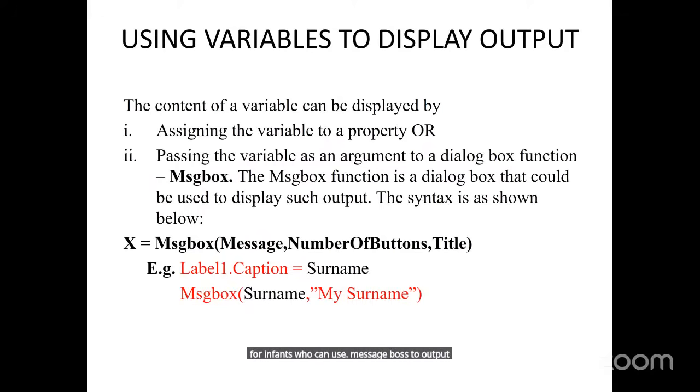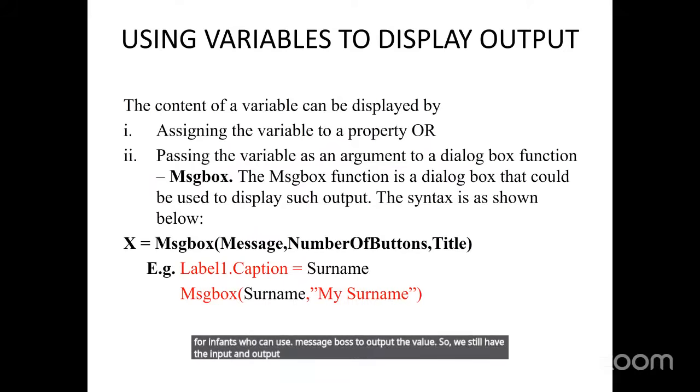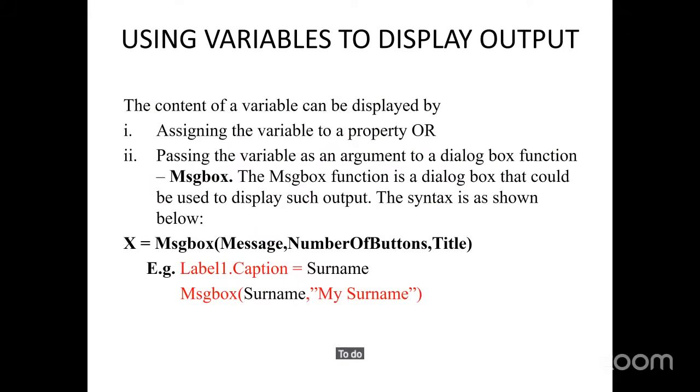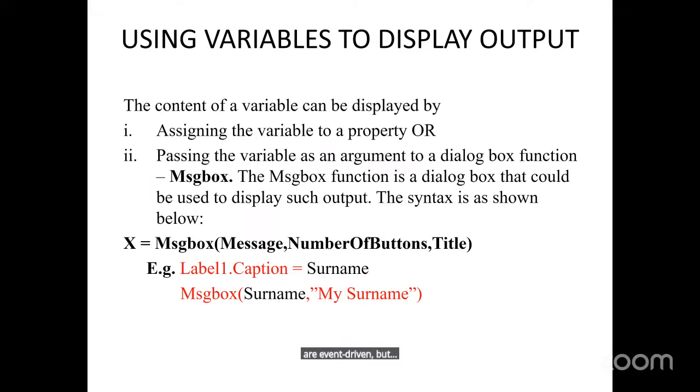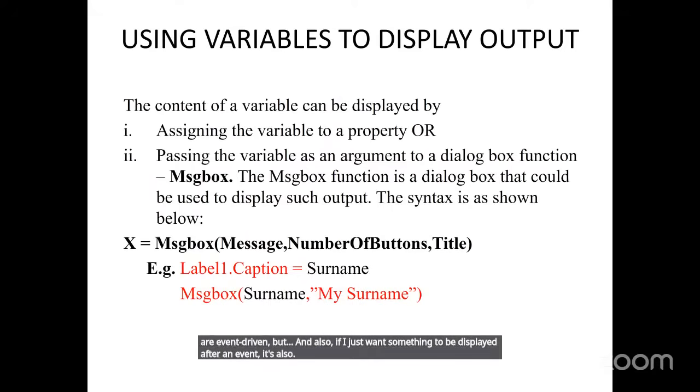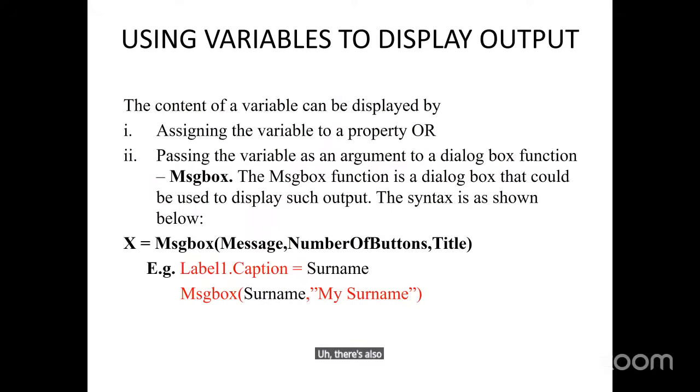We are looking at event driven, and most of the things we'll be dealing with are event driven. But in the console, if I want something to be displayed after an event is triggered, and I want the triggering of the event to create another kind of output format, I can use the message box.